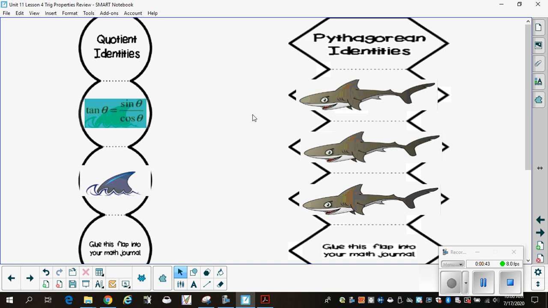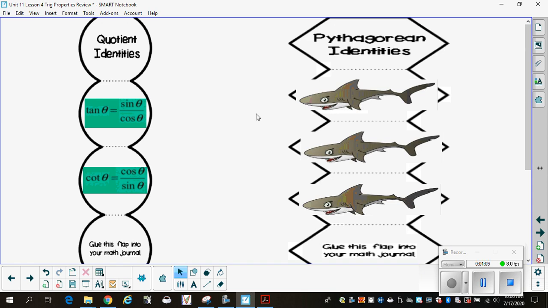The ones notable here are tangent, because tangent is equal to sine theta divided by cosine theta, and its reciprocal, which is cotangent. Cotangent is cosine divided by sine. It's important to know these because when we're simplifying things, you sometimes want to go to the division or to the single. It all depends.